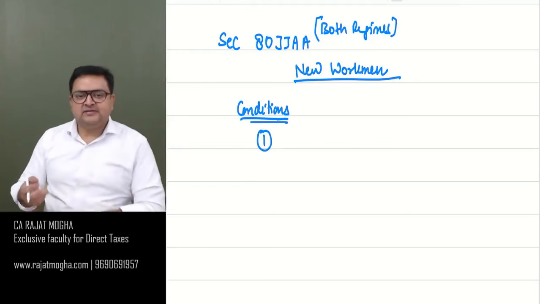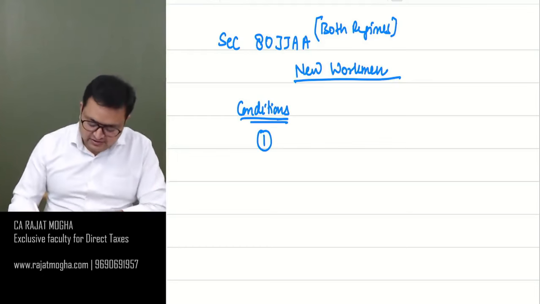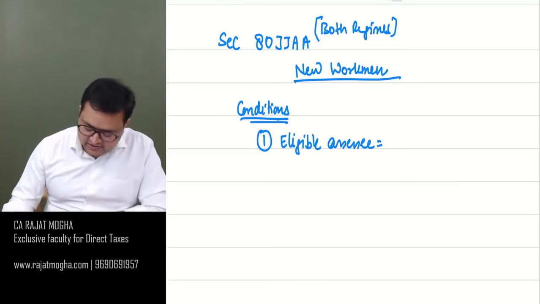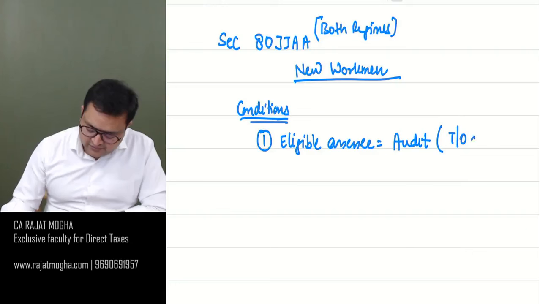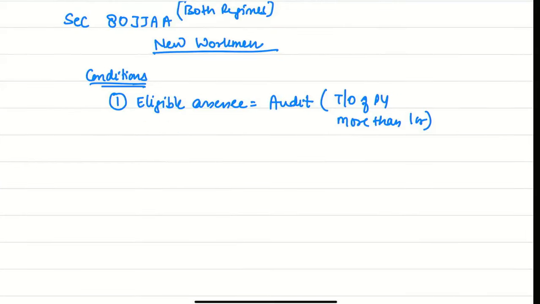In other words, whose turnover of the previous year is more than 1 crore. If your turnover is more than 1 crore, then only you are eligible to get this deduction of 80JJAA, which you can get in both the regimes.